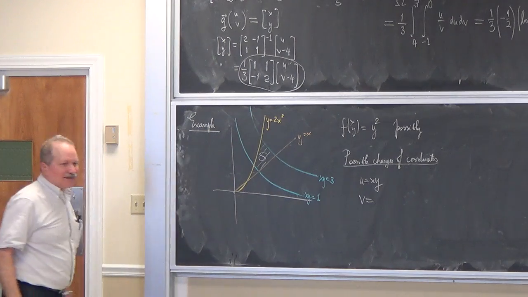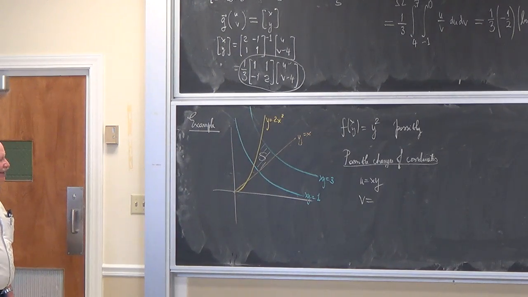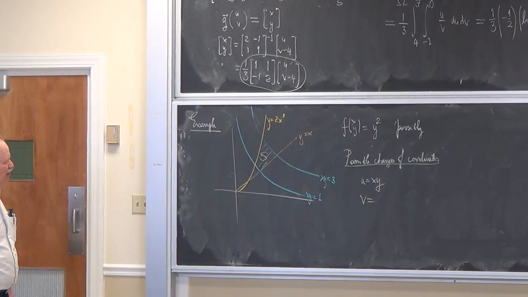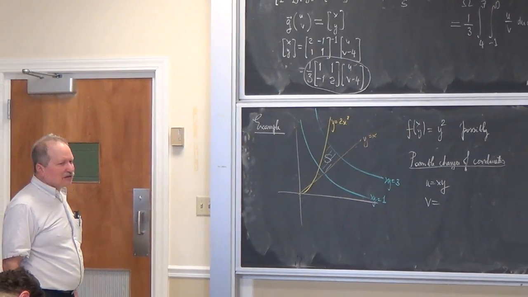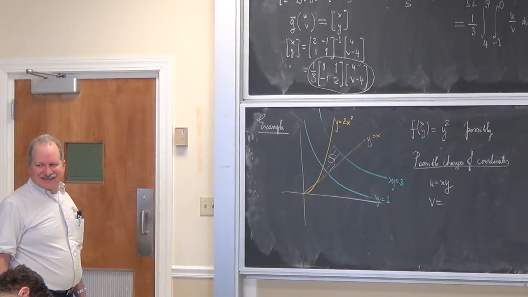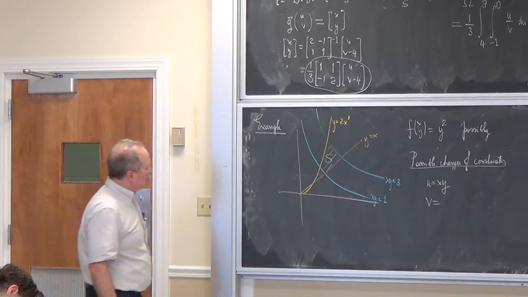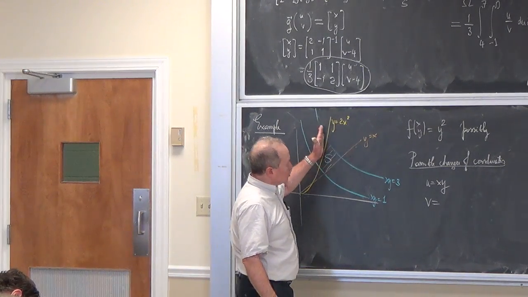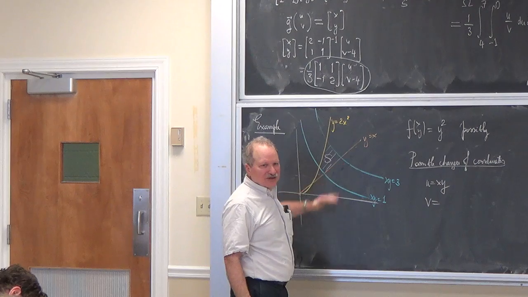Couldn't you call it x? I would prefer x squared, probably. I'd say x. Why x squared? Because it would be easier to have x and then 2x squared. Wouldn't you like to make one of these two curves be simpler in the new coordinates?